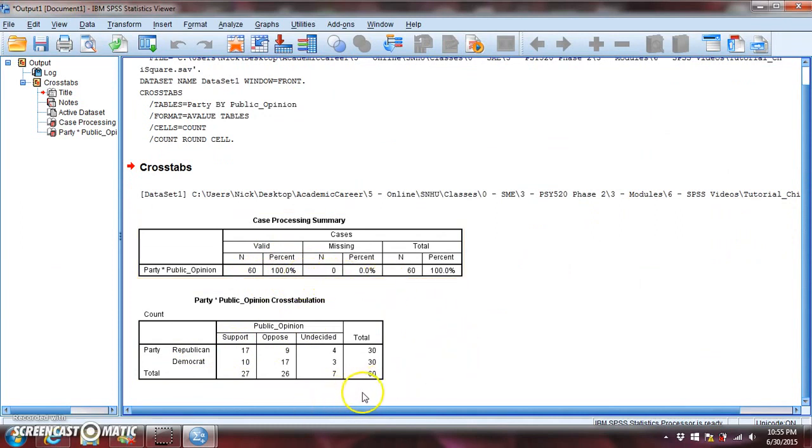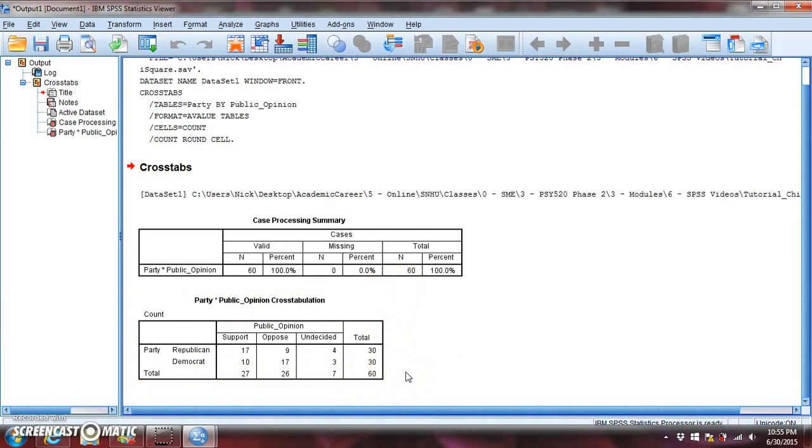But in the second box, you are going to get what's known as this cross table or cross tabulation of your variables. So you're going to have your party variable making up your rows, a row for Republicans, a row for Democrats. And then you're going to have columns for the public opinion options, support, oppose, or undecided. And then we have our totals on the bottom, and our totals furthest over here to the right.